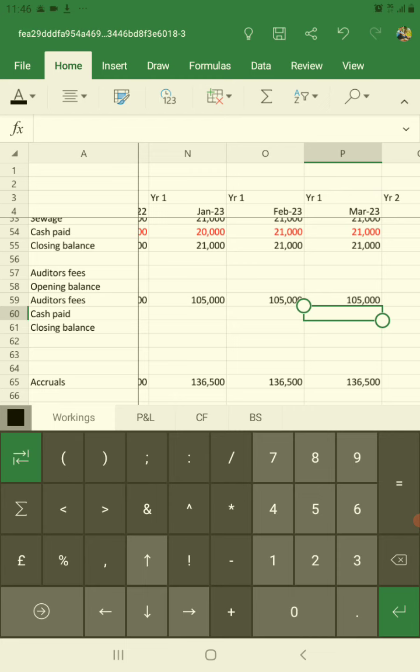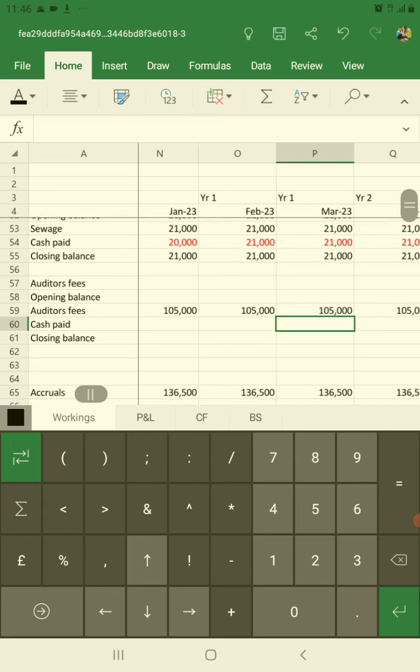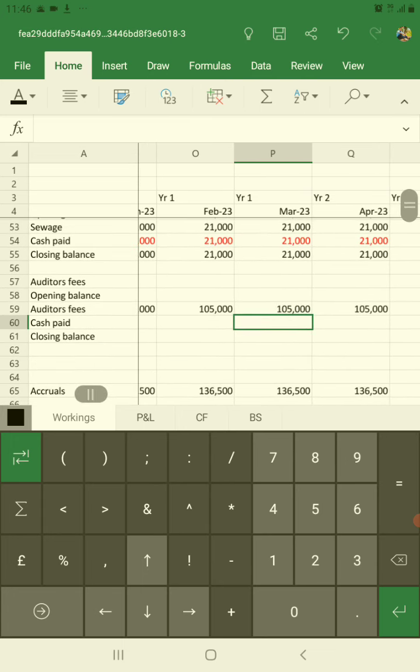And let us assume that the auditor will be paid first. When he arrives in March, he is paid 50% of the fees, and after he finishes the job, and let us assume we will finish it in April, he is paid the remaining 50%.